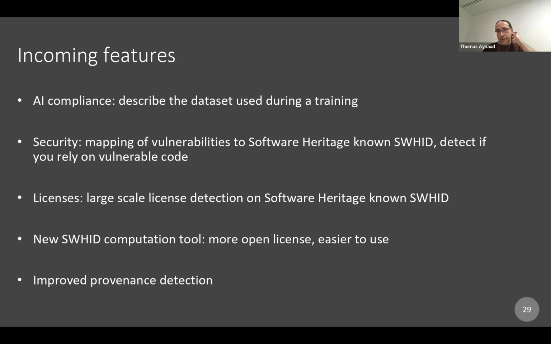Since Software Heritage has a long and broad vision of everything that happens in the open source world, we can say that all the commits in between are vulnerable. And maybe you have copied some code that comes with the vulnerabilities, and we will be able to tell you that, okay, this code on this SWHID may be vulnerable.